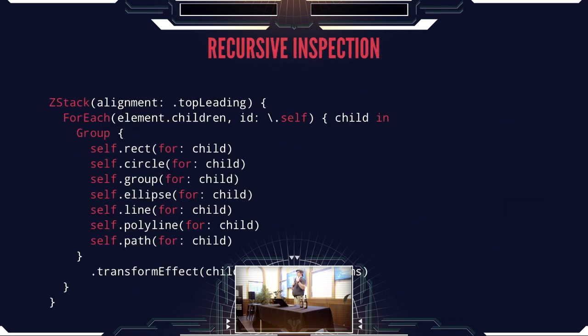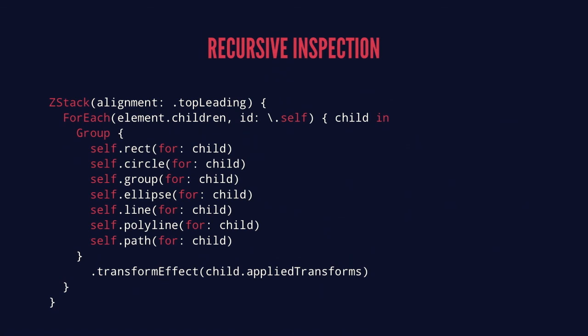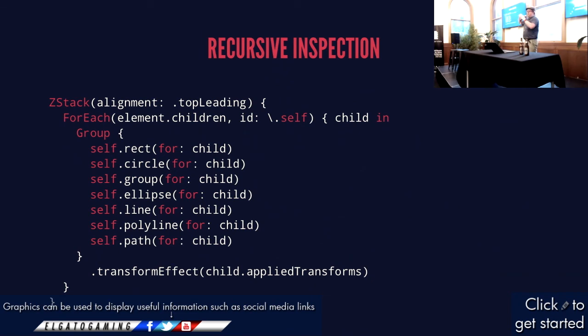Now, all of this happens with SVG because it's a tree-based structure. We need to handle things recursively. So when we call draw, we are recursively calling a function that looks very similar to this. And we're going, okay, give us a bit of a canvas and then start drawing elements in here.